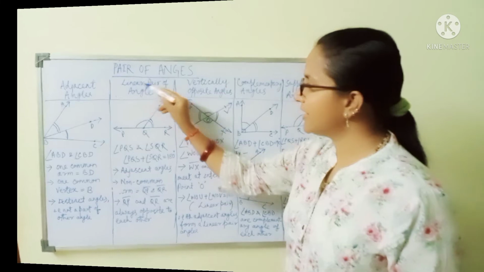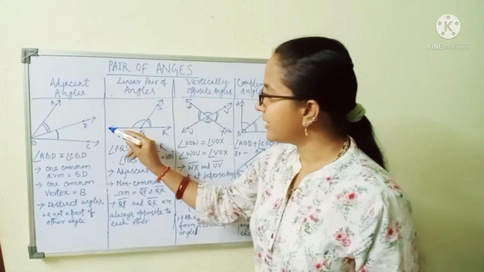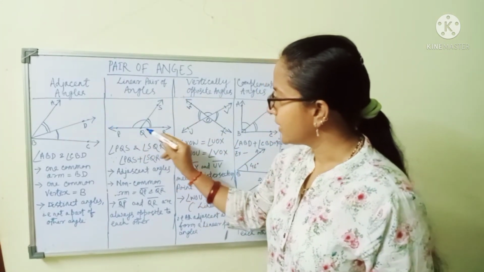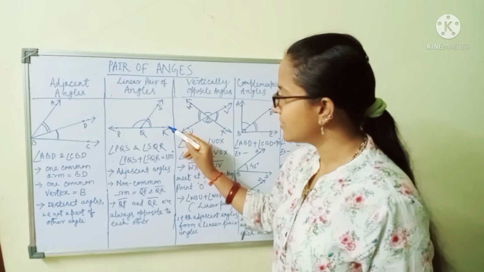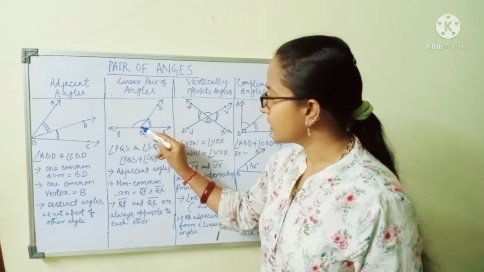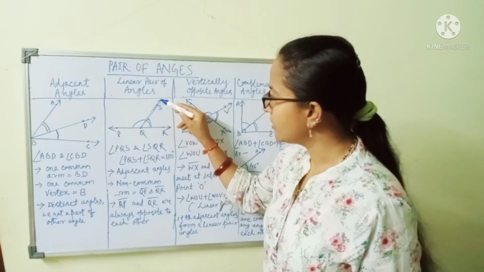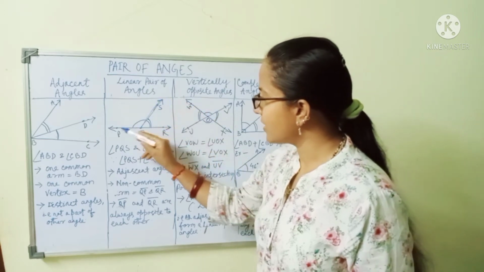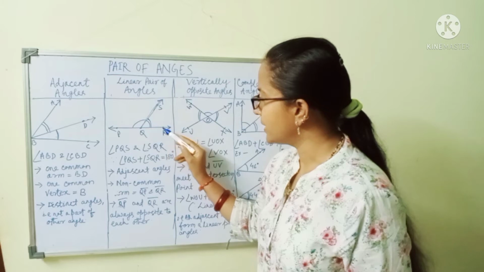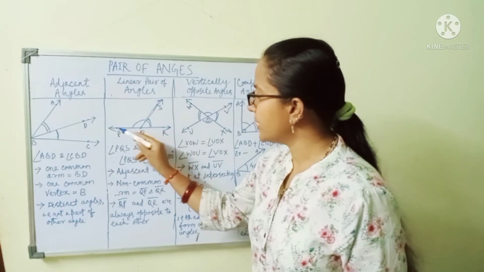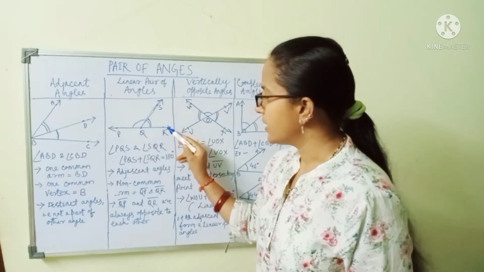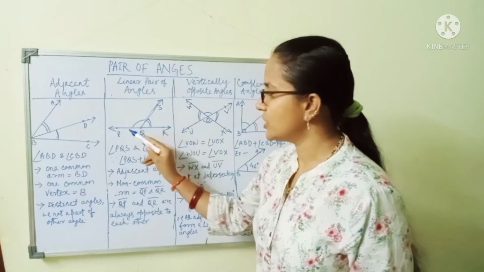Now next is linear pair of angles. In a linear pair of angles, you can see this is the common arm and these are the non-common arms PQ and QR, and PQ and QR are just opposite to each other.